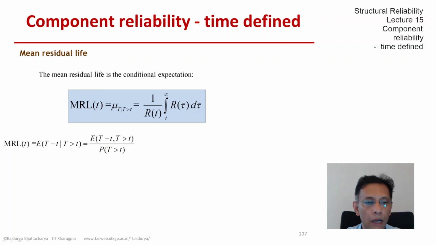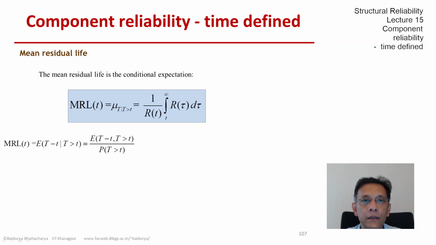So this is our starting point. The definition is that the mean residual life at small t is the expected value of the remaining life, so capital T minus small t, on the condition that capital T is greater than small t. So we use the definition of a conditional expectation and express that as a ratio.